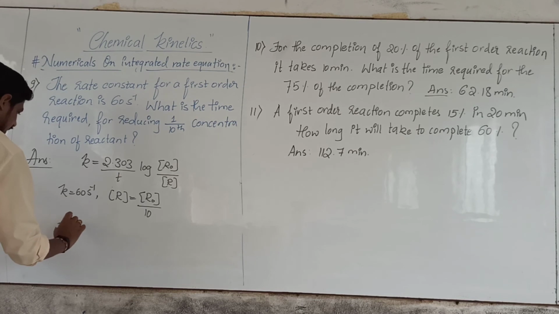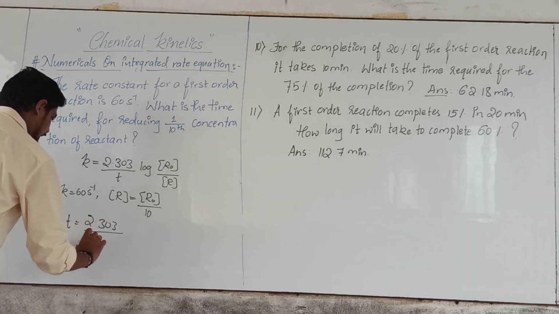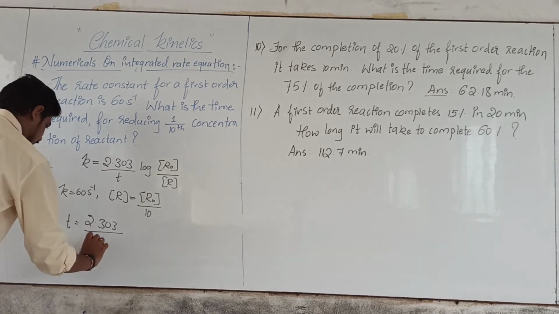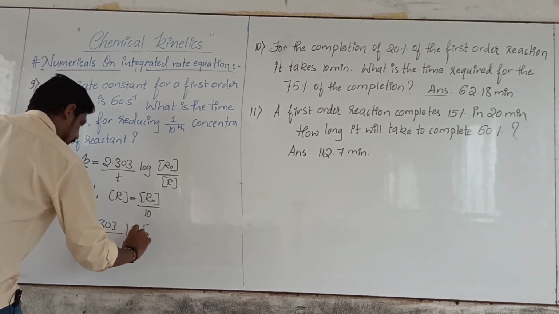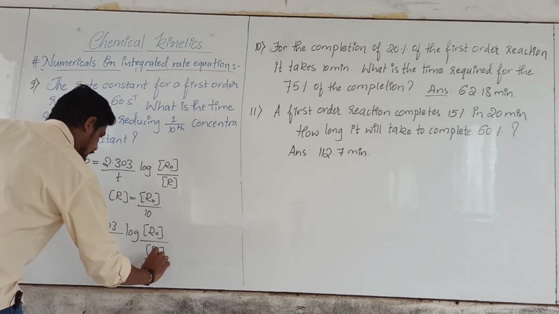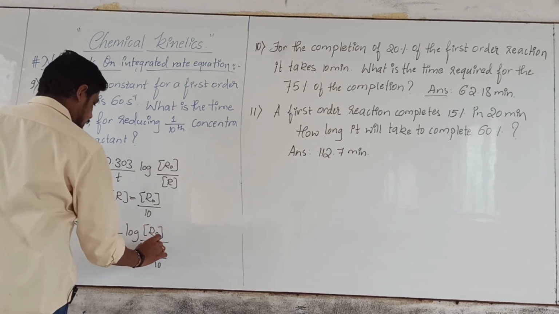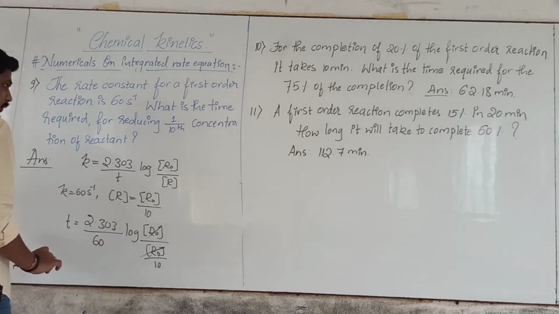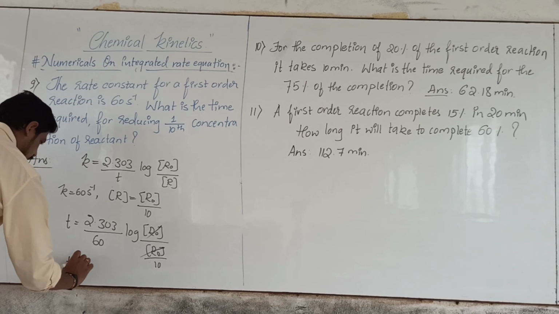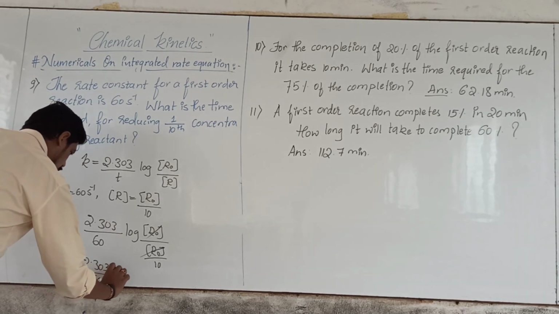So now time is equal to 2.303 divided by K, that is 60, log of R0 divided by R0 by 10. The 10 goes above, and R0 gets cancelled. So time is equal to 2.303 divided by 60 log of 10.